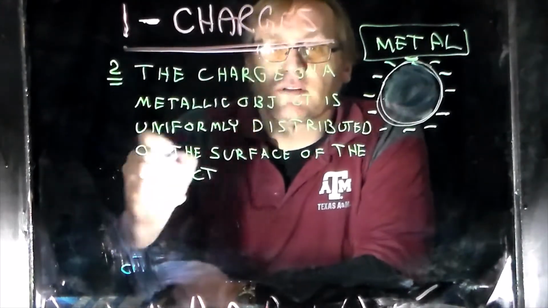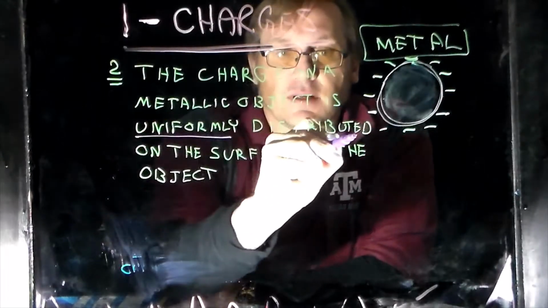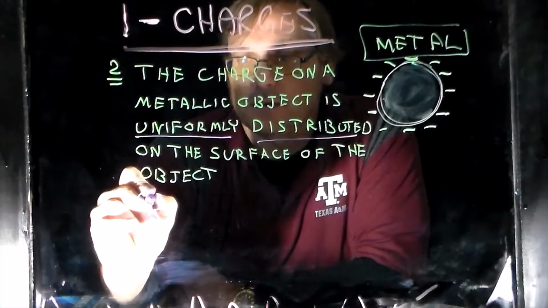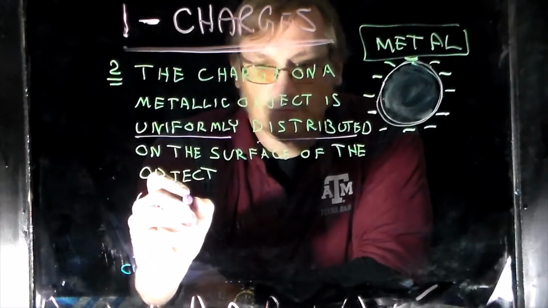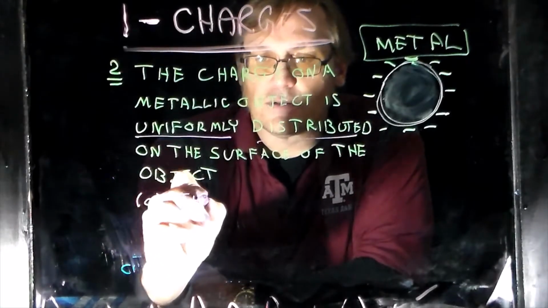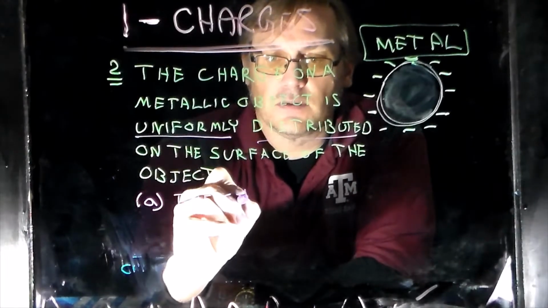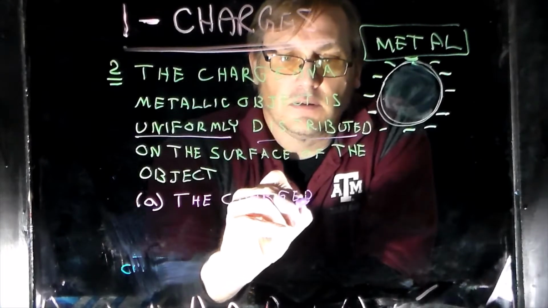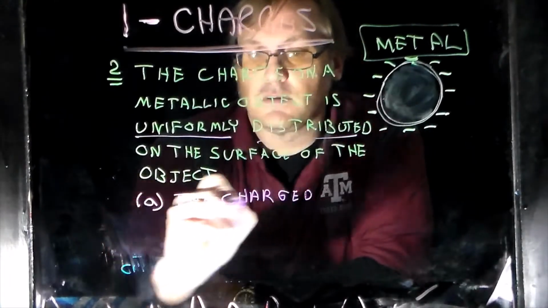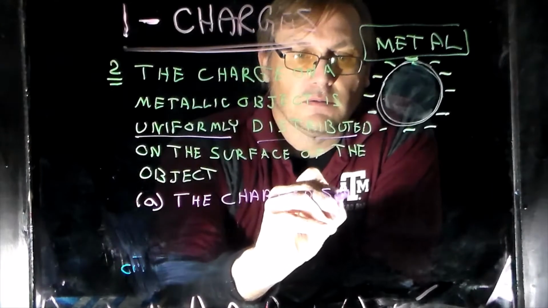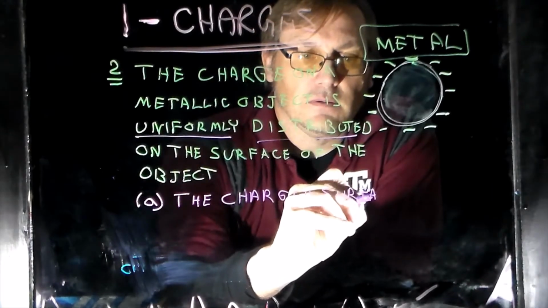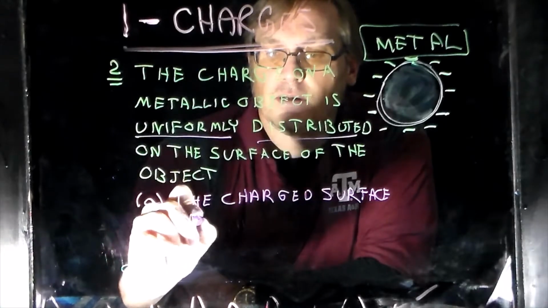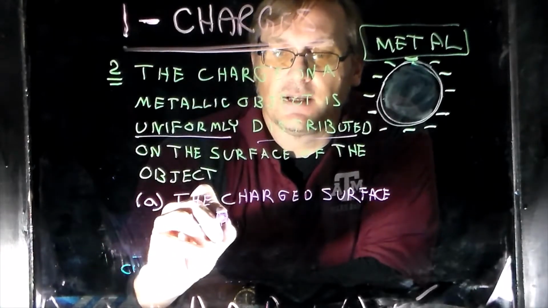So what does this uniformly distributed mean? Well, that, again, it means it's all over the edges. So the charged surface has an average charge density.